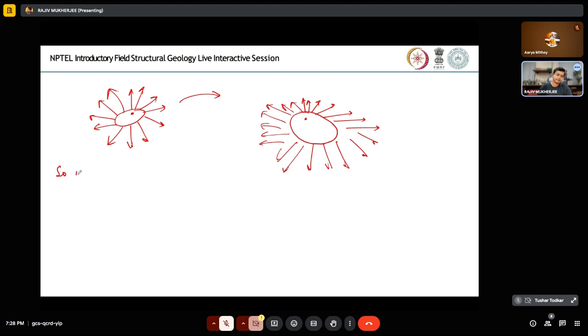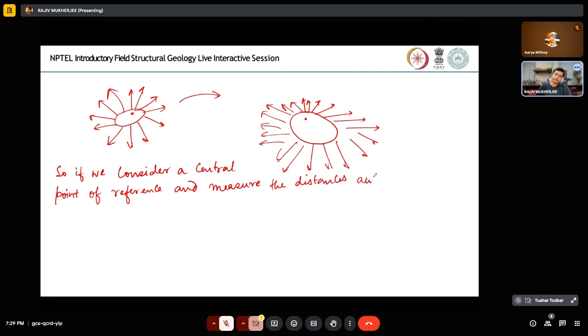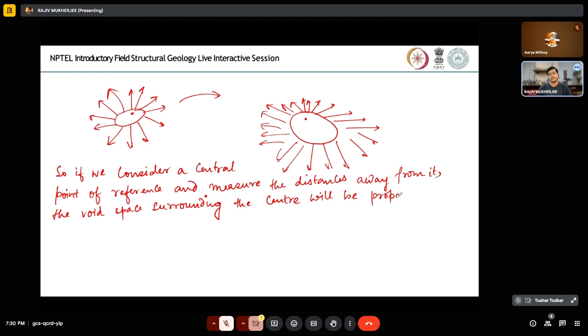So if we consider a central point of reference and measure the distances away from it, the void space surrounding the center will be proportional to the deformation.